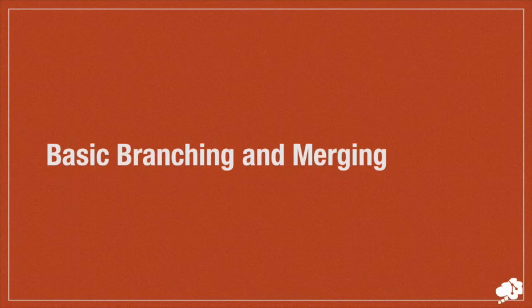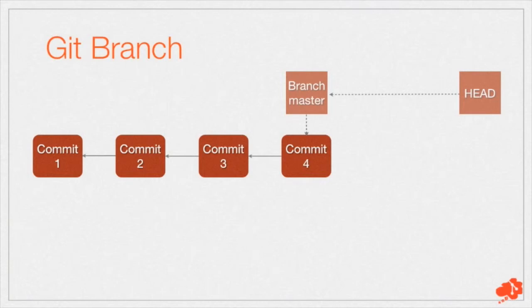Now let's take a look at basic branching and merging. This is an area that actually can cause quite a bit of confusion at first, so we'll start with the most basic changes and move from there. In this case, you've been working in some code and you got a bug report.